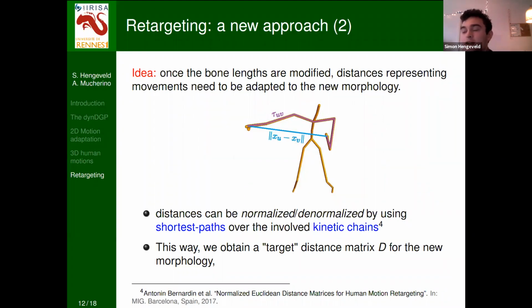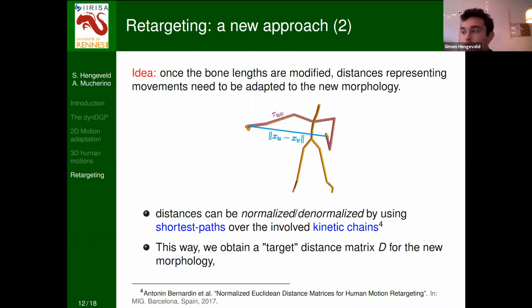Like in the picture, we have joints U and V, which are the hands of both skeletons. We first normalize this distance by looking at the shortest path in the skeleton between these two joints. Then we find the weight of this path, so the sum of all the lengths of the bones along this path, and we divide the distance between the two joints by this weight of the path, tau.